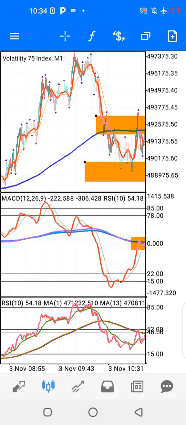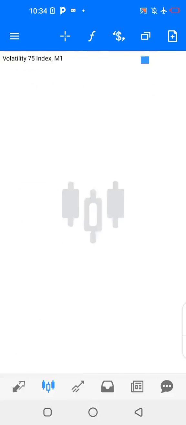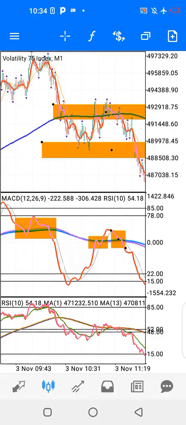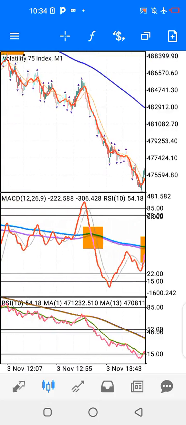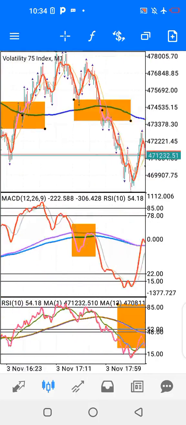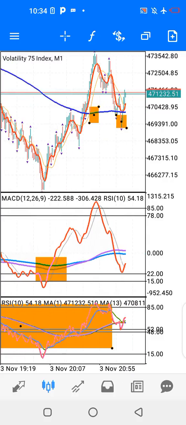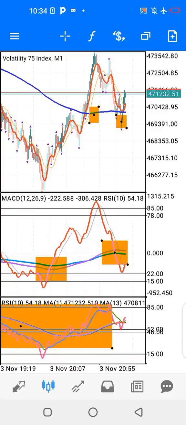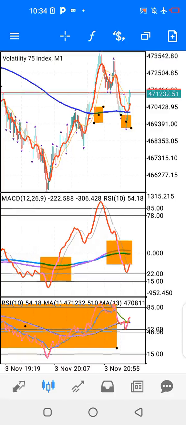So I won't use the indicator window 1 alone. I'm going to combine it with the main chart and indicator window 2. That's the way it works. Indicator window 1 will tell you when to prepare to buy and when to prepare to sell.